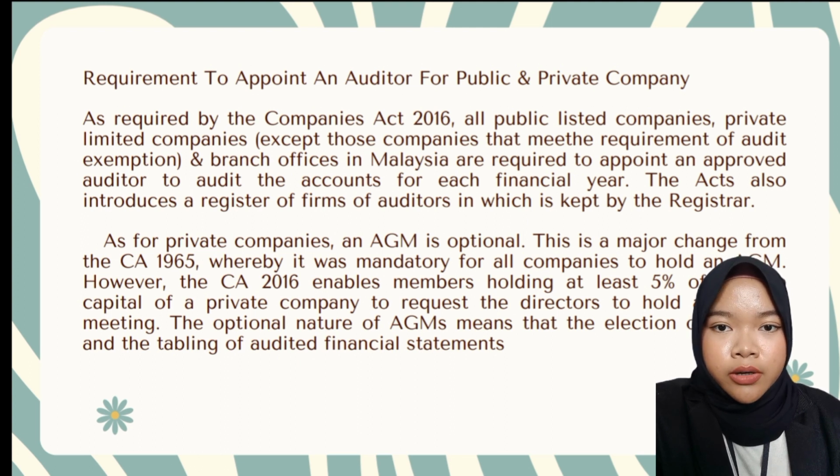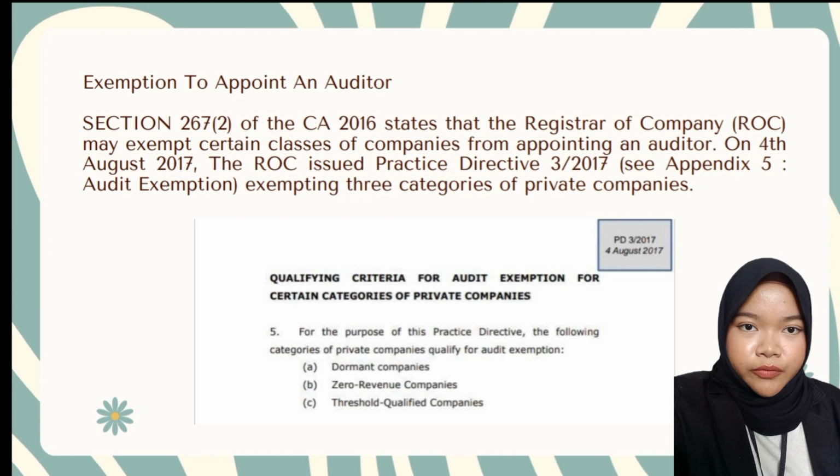The optional nature of annual general meetings means that the election of auditors and the tabling of audited financial statements are dealt with separately. Members will still have the right to receive audited financial statements, although they would not have a forum to discuss such statements. Auditors may be appointed to audit the financial statements, or the member will receive an unaudited financial statement during the AGM. Let's move on to the next part of my presentation.